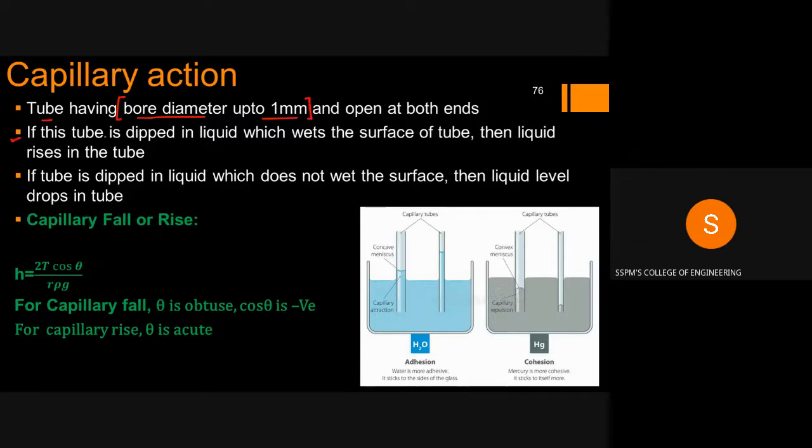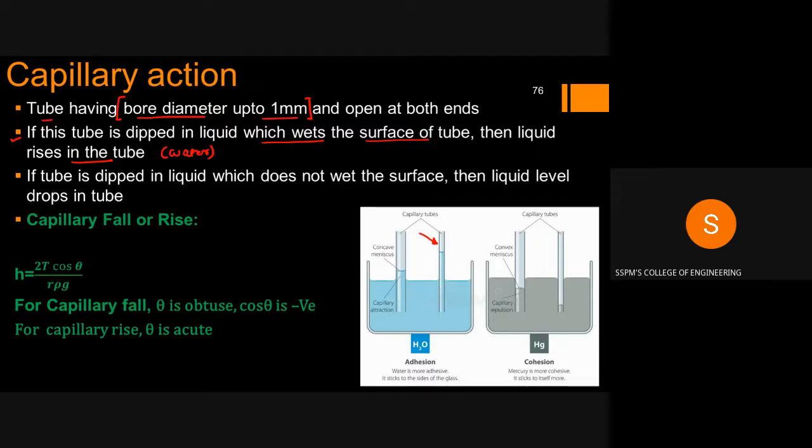If this tube is dipped in a liquid which wets the surface of that tube, then the liquid rises in the tube. Here you can consider water that wets the surface of a glass tube. If you dip the capillary tube, that is a glass tube, inside the water, then the water will rise up.